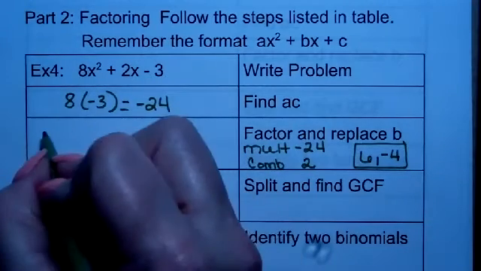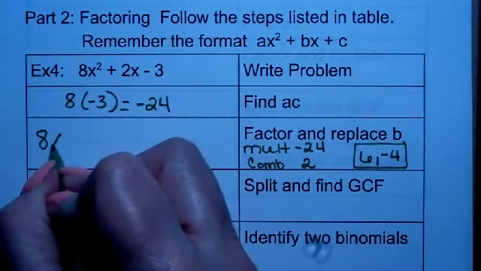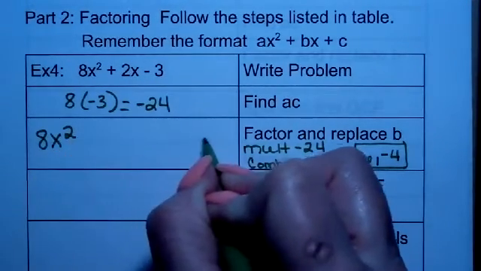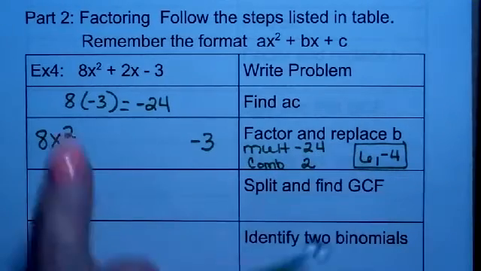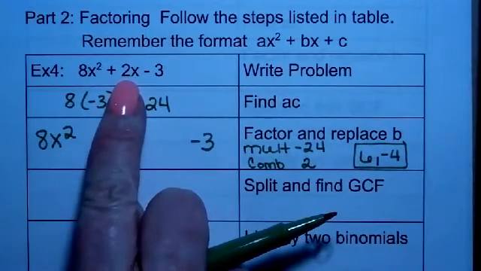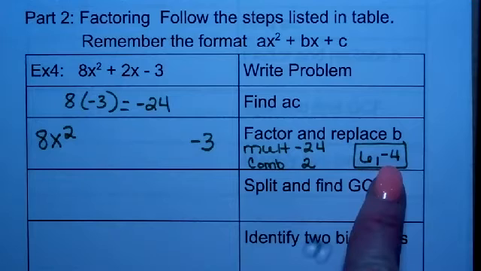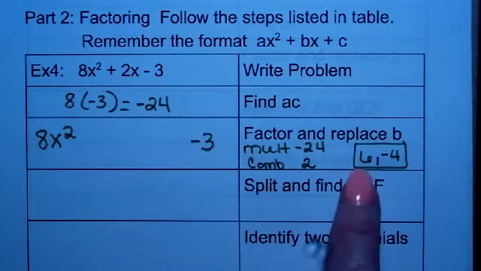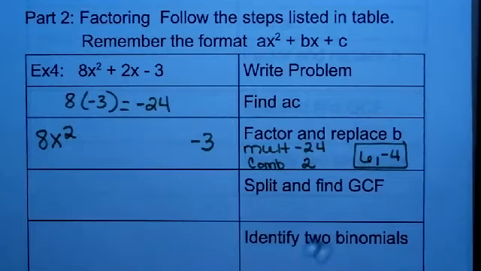Okay, so you remember we're going to stretch this out just like that, and we're going to replace the 2x with the factors of 6 and -4x's. So the 6 is going to be positive, okay, and the 4 is going to be negative. Now I want to stop right here because where we place it is important, okay?